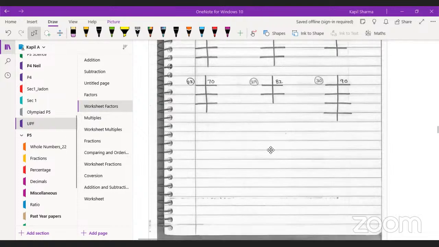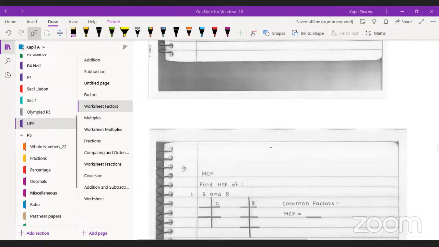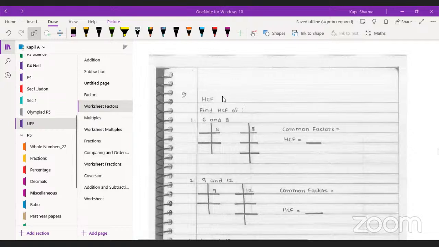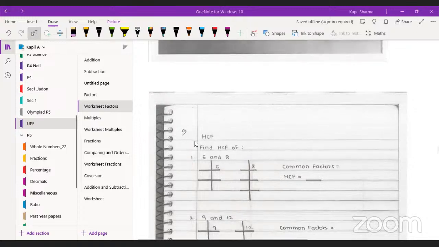Okay, guys, try this. HCF of 6 and 8. Swastik, Devika?